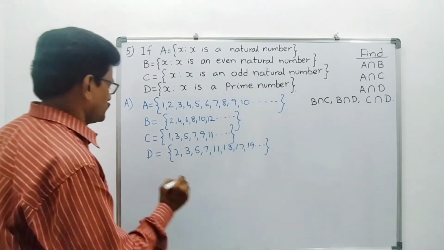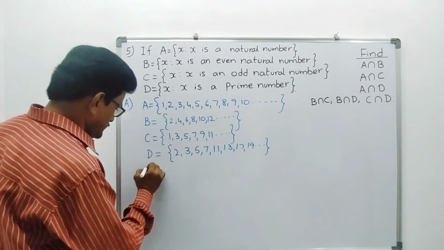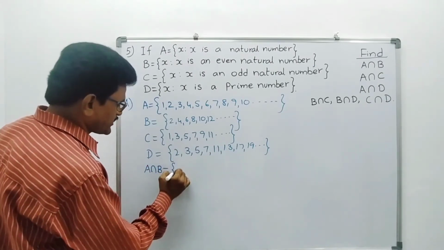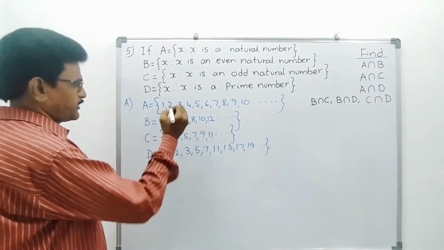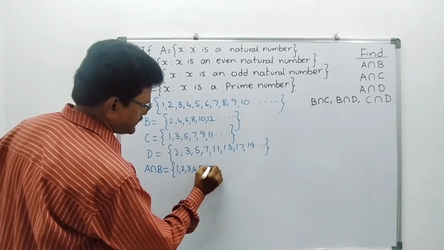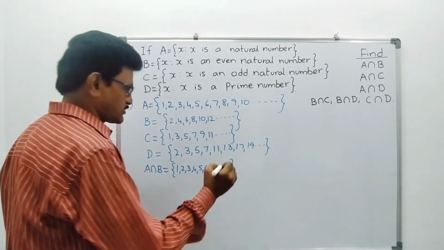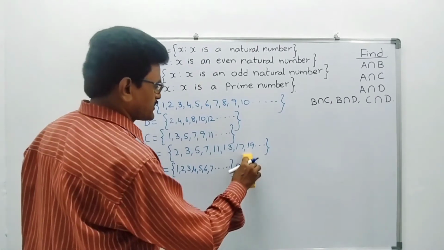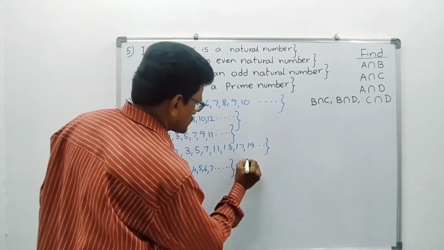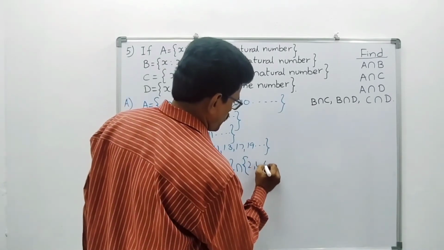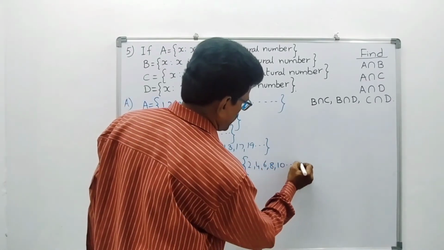Now the first one. What is asked to find? A intersection B. First write down the elements of A: 1, 2, 3, 4, 5, 6, 7, and so on, natural numbers. Intersection. Now B. Set B is the even list: 2, 4, 6, 8, 10, and so on.